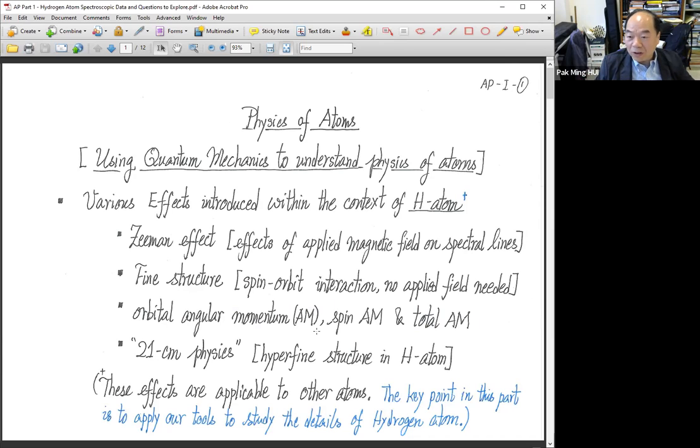It has to do with the proton. The nucleus of the hydrogen atom also has spin. The electron also has spin. Therefore, we have another angular momentum interaction due to this nuclear spin and the electron spin that give us something called the 21 centimeter physics of hydrogen atom. It is called the hyperfine structure, and because of this, astronomy got a big development.